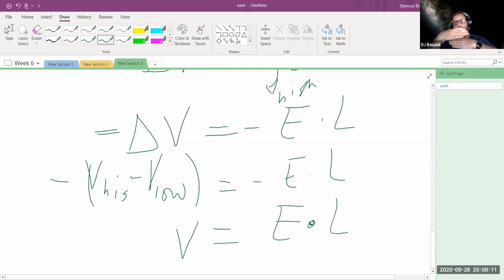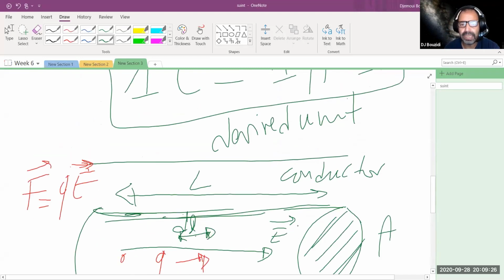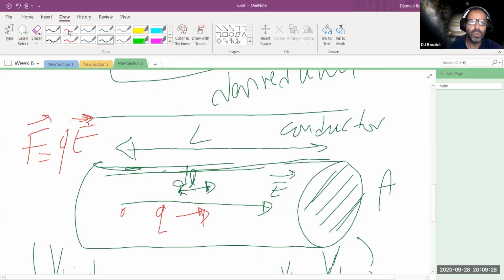And this result, we saw a similar question when we were dealing, for example, with the parallel plates. So it's the same expression, except it was the d then, the distance separation between the plates. In this case, I took a wire. So it's the same situation where the electric field is assumed uniform. That's a key for doing this calculation. In other words, the electric current is uniform. So that's what I'm saying in here.